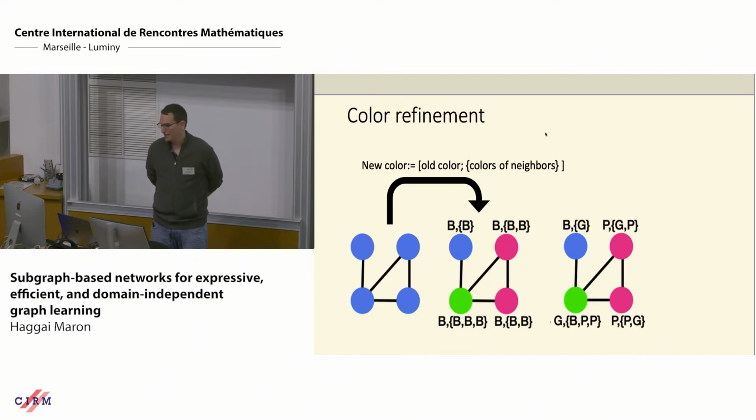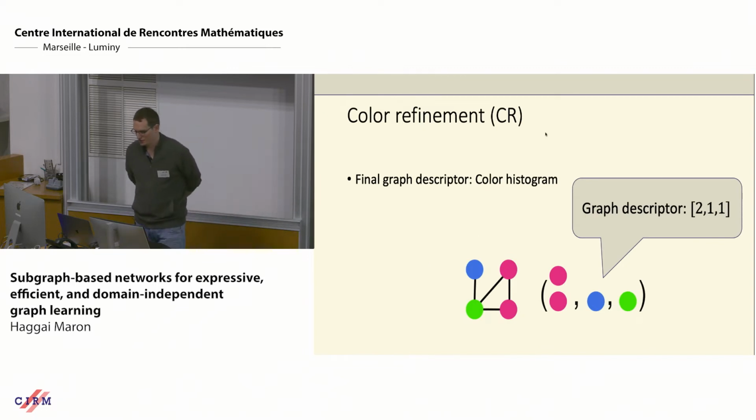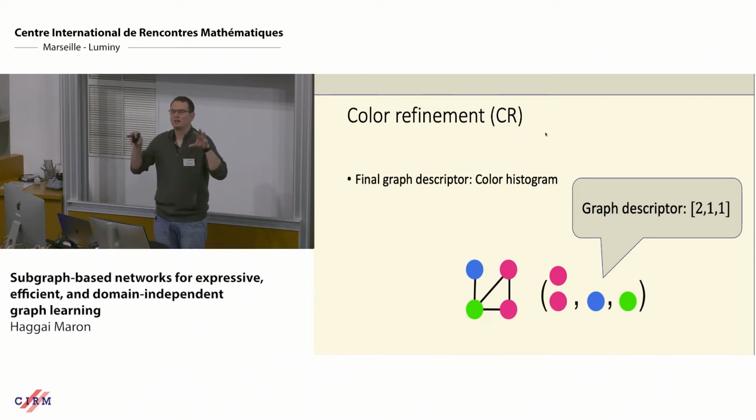We do that again and again until we reach a steady state. And at that point, we just compute the histogram of the different colors. And this is the graph representation. You can think about it as a multiset of local node descriptors or something of that sort.